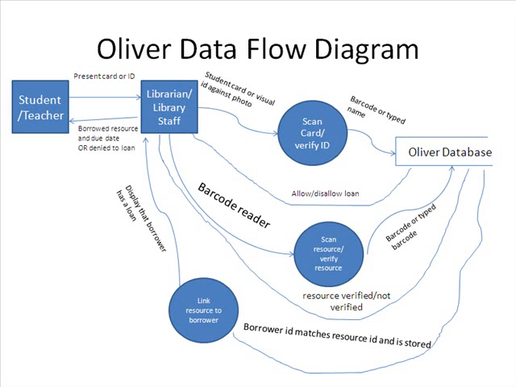So every item is accessioned, which means that it has an individual entry within the database, so that when the librarian then scans the resource, it obviously is recognized in the database, and it then sends a message back to the librarian that the resource is verified or not verified, the fact that it exists or it doesn't exist.